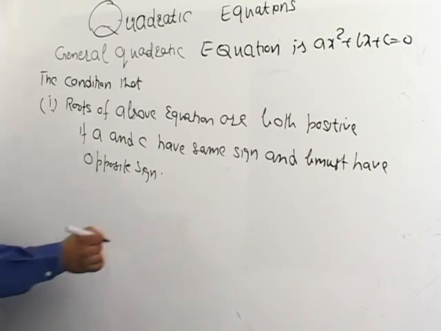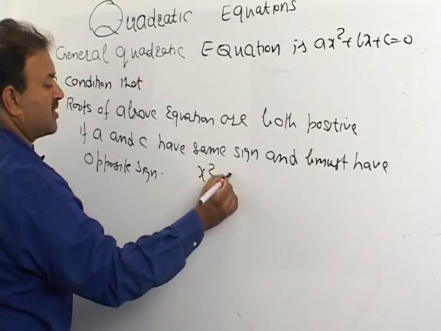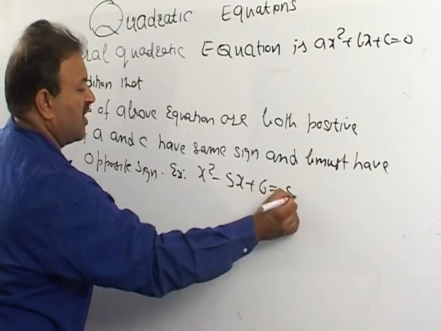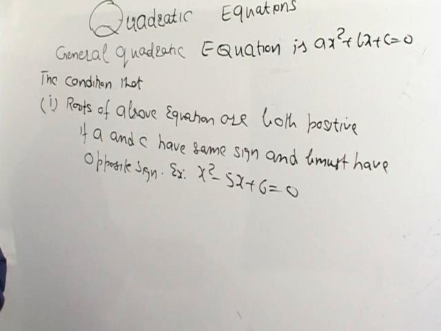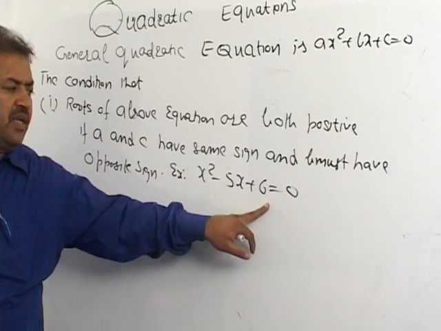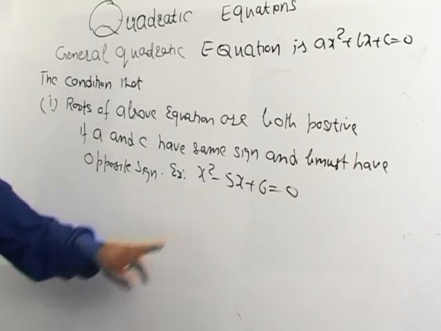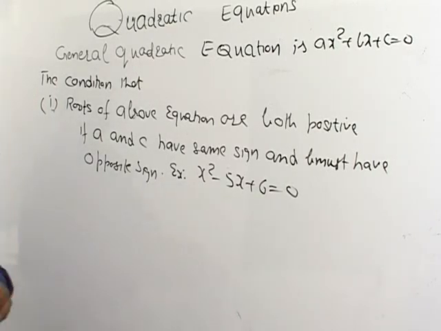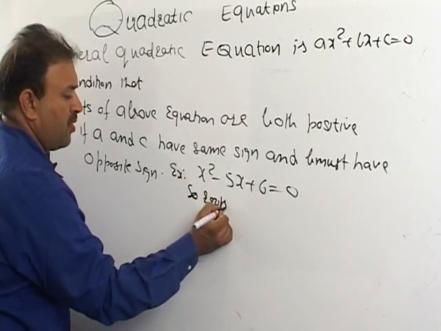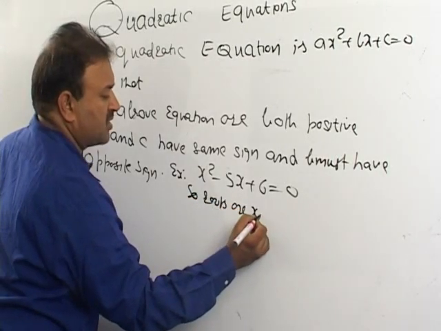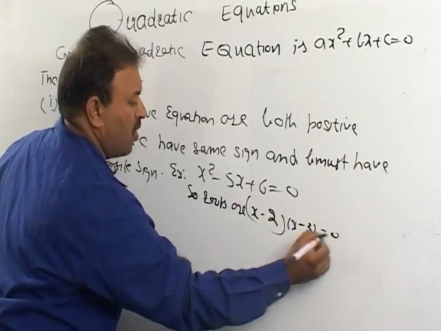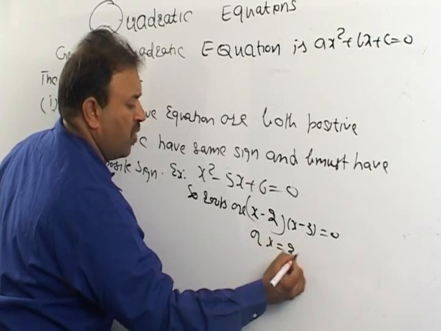Let's take another example: x square minus 5x plus 6 is equal to 0. Here the coefficient of x square and the constant term have the same sign, whereas the coefficient of x is just opposite. So the roots are (x minus 2)(x minus 3) is equal to 0, or x is equal to 2 and 3.